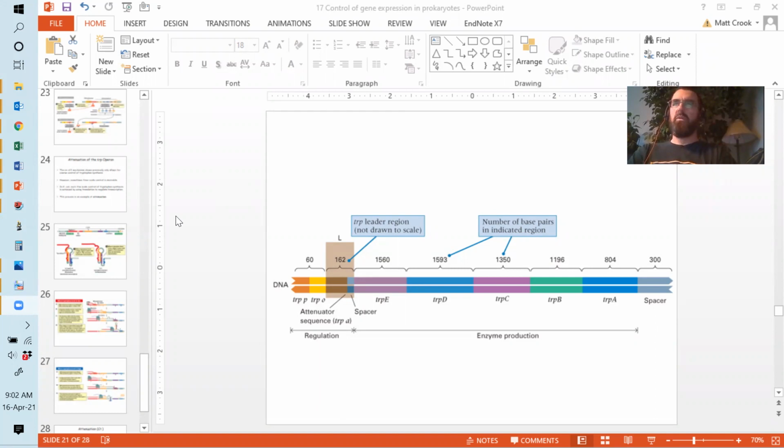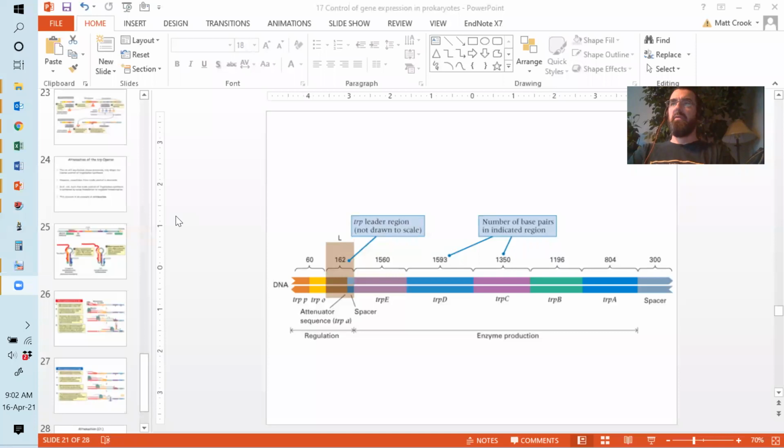Just give me a moment. Otherwise, this is going to be kind of torturous if I can't figure out what's going on. There you go. That's better.